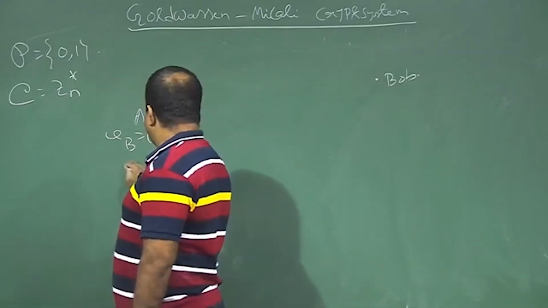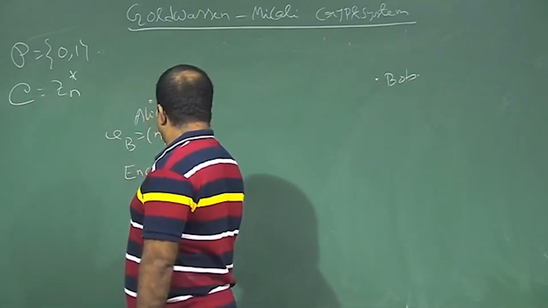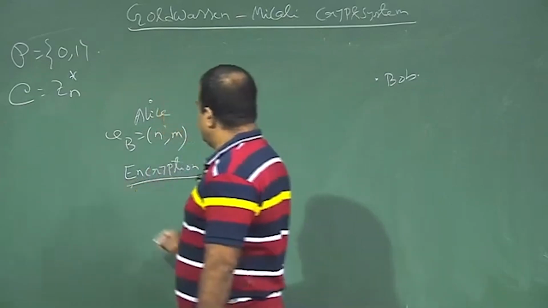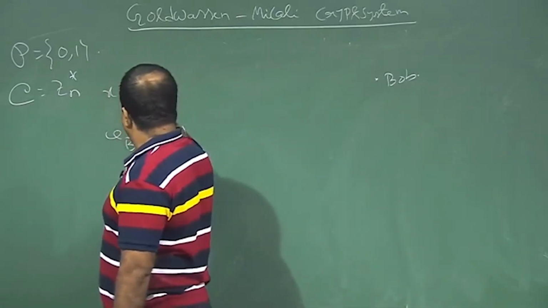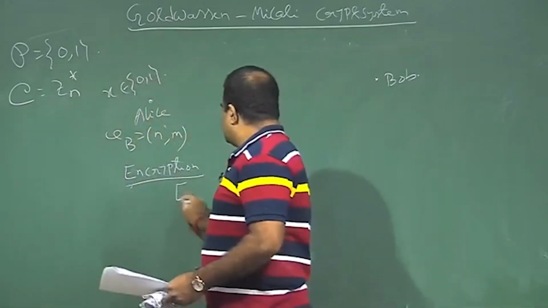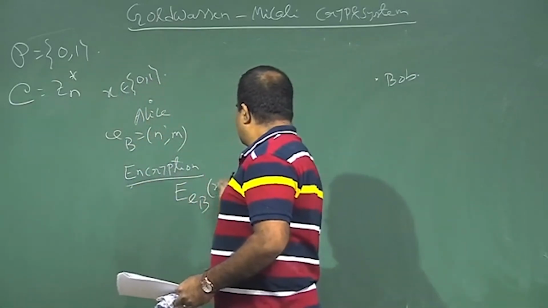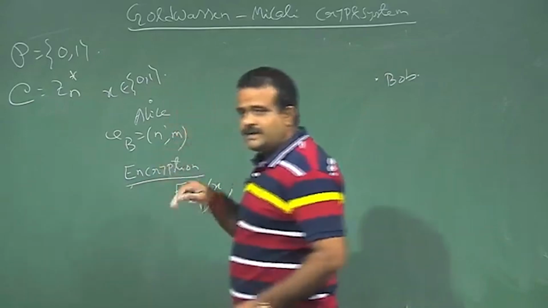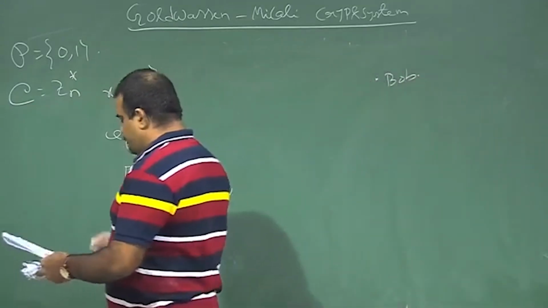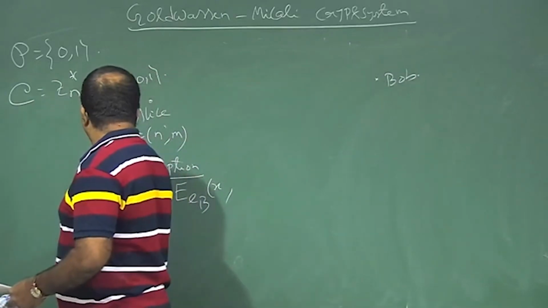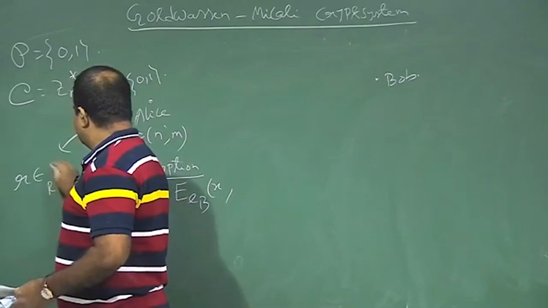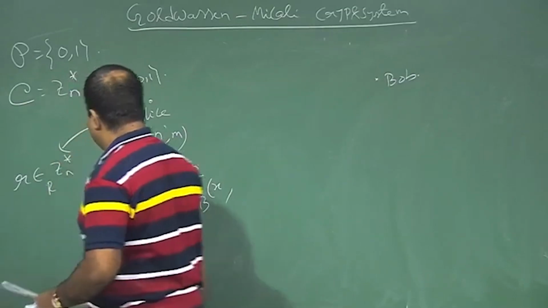Alice chooses a plaintext x from 0, 1, so it is either 0 or 1. For the encryption EB of x, Alice chooses R randomly from Zn star.